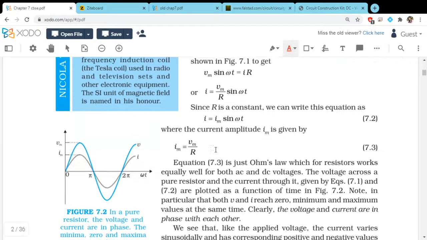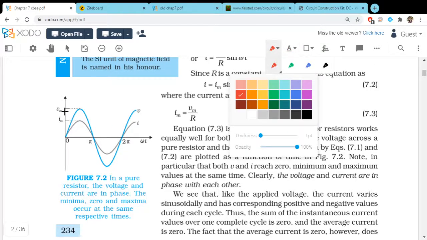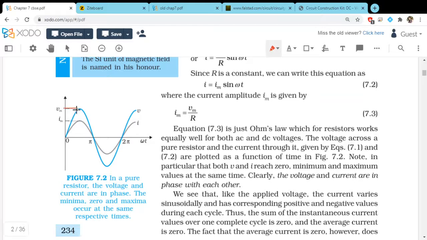This is what is indicated here in our theory. It says maximum voltage Vm. When it is maximum voltage Vm, the current is also maximum. Here as voltage goes to zero, current goes to zero. Voltage changes polarity, and so does current.